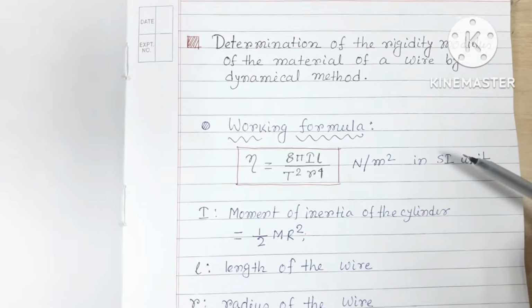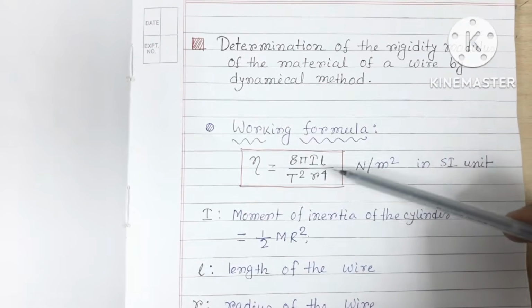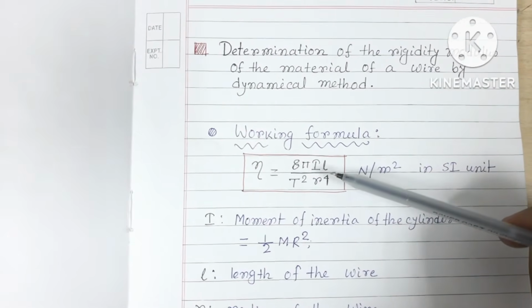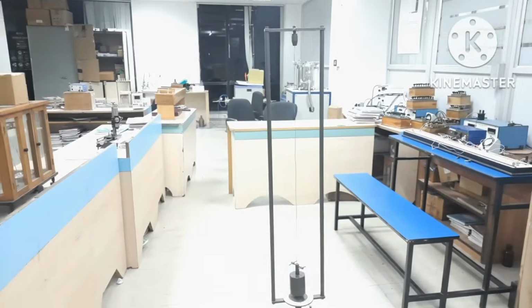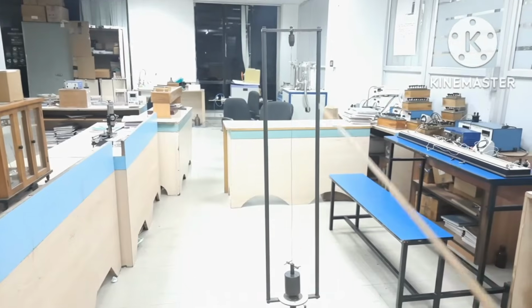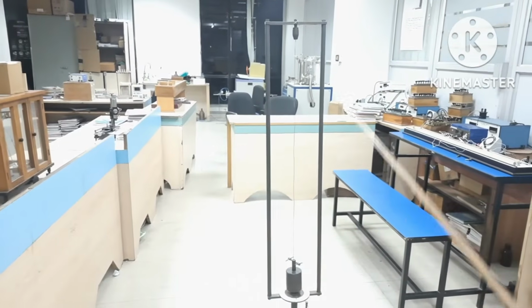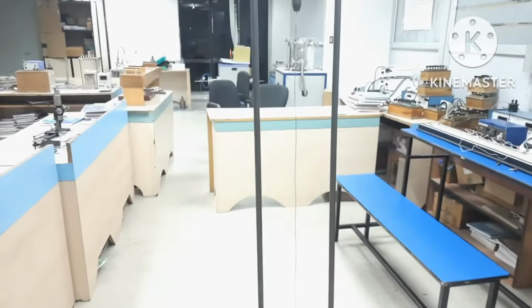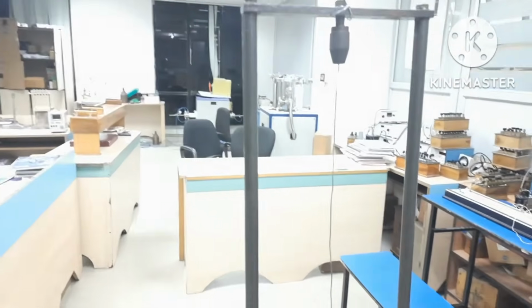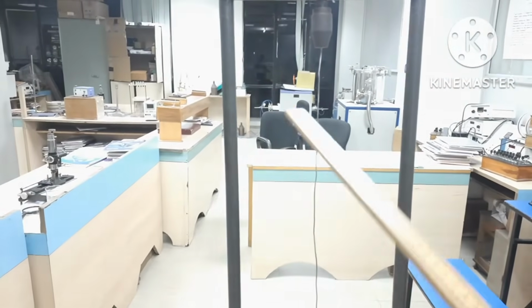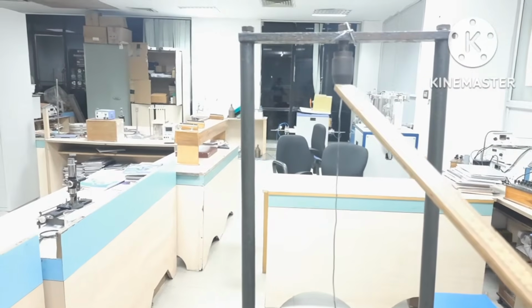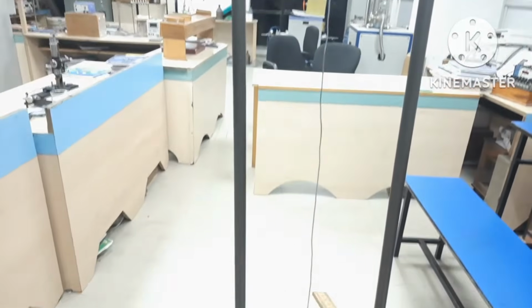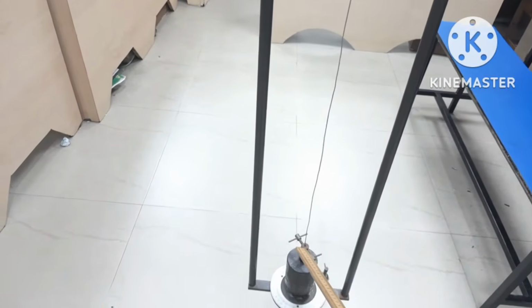in SI unit system. Before going through the details about these parameters, let's take a first look at the instrumental setup. Here you can observe the total instrumental setup. I will take a close look at this instrument. If I move the camera, you can observe there is a metallic wire, which is suspended from that point, and it is connected to a heavy metallic cylinder at that point, right?